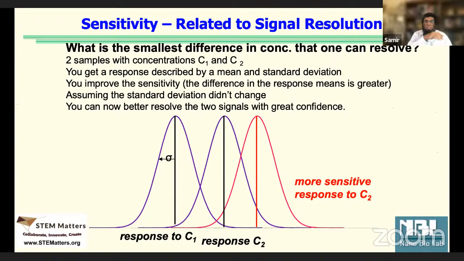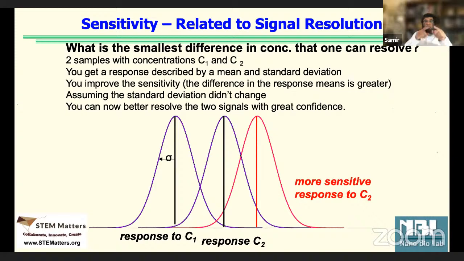The trailing edge of the first response overlaps with the starting edge of the response to C2, which means that in that area, we wouldn't know whether the response is because of C1 or C2. So we have to improve the sensitivity so that the response of C2 is clearly separate from the response of C1.